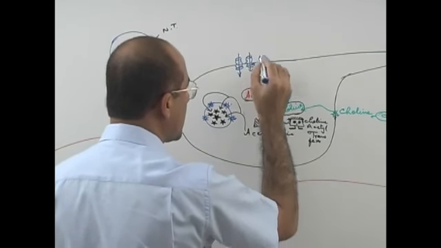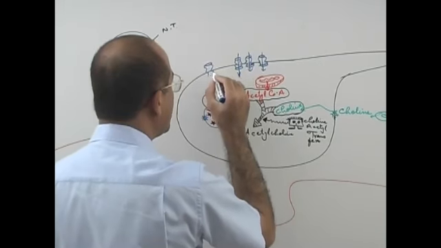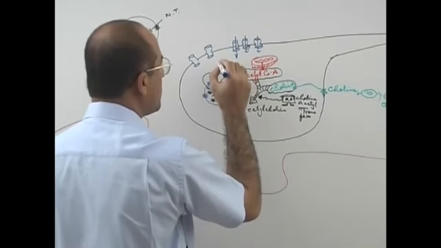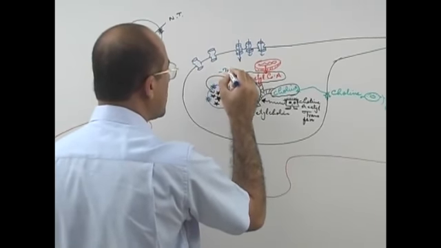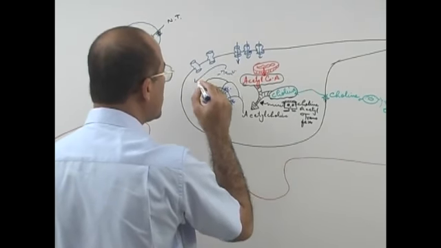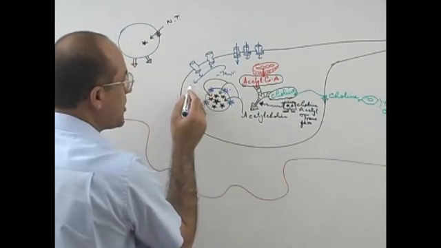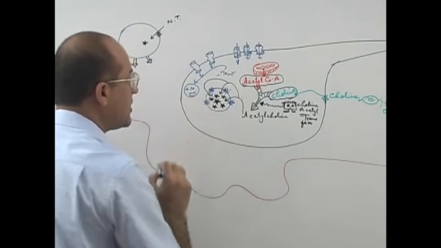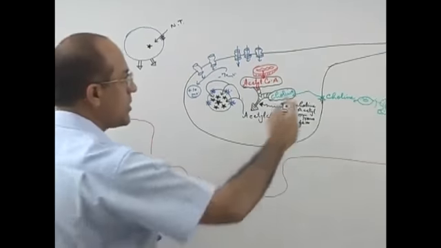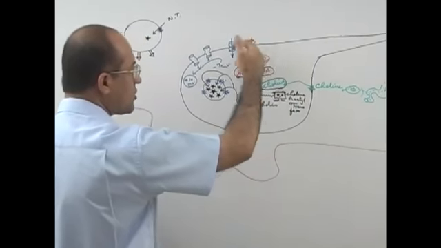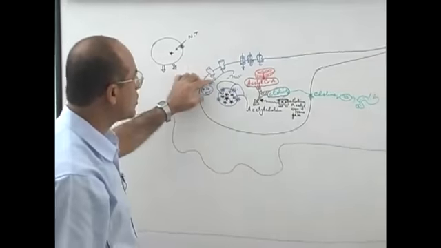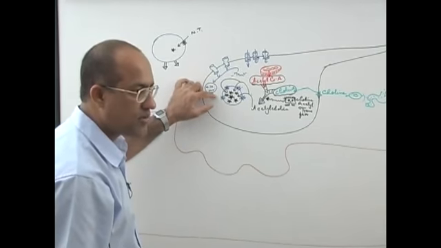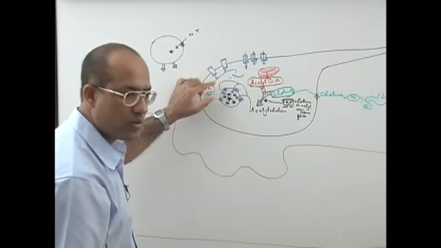They bring a lot of sodium in, and if the resting membrane potential was minus 70 millivolt, as soon as sodium comes in, the membrane becomes depolarized, maybe plus 10 millivolt. So when the wave of depolarization approaches the nerve ending, it produces heavy sodium influx, and that influx reverses the polarity of the inner side of the membrane from the resting position to depolarization.